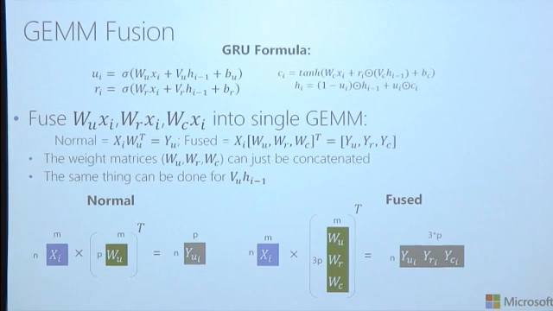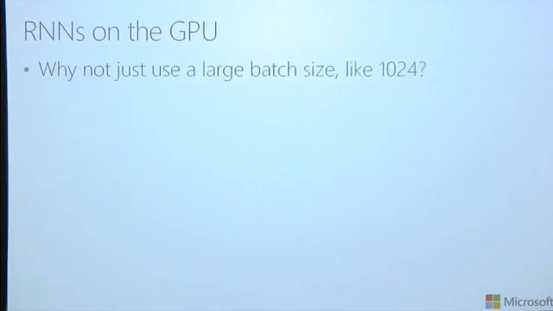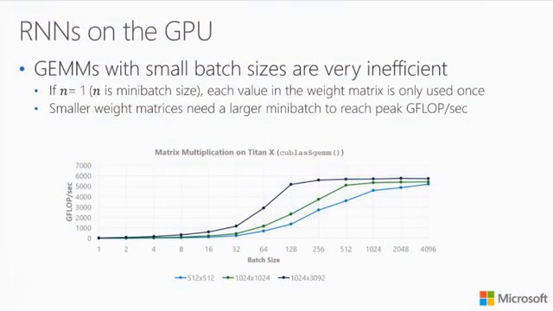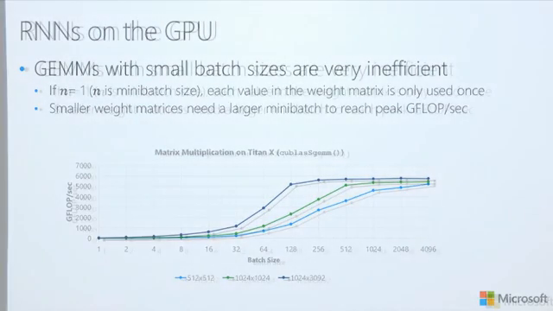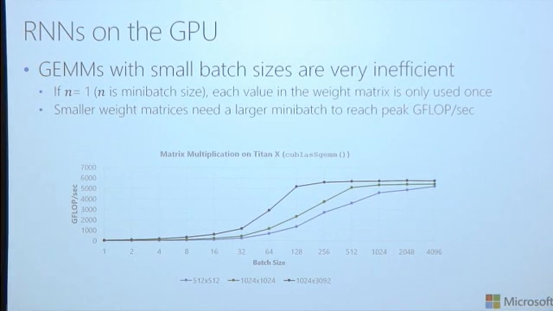And the reason why, we can see from this previous slide, is that the flops you get from doing a 1024 are significantly better than what you get from doing the 3092.